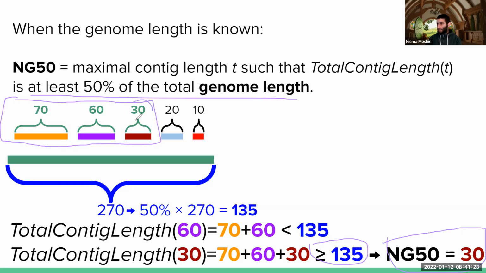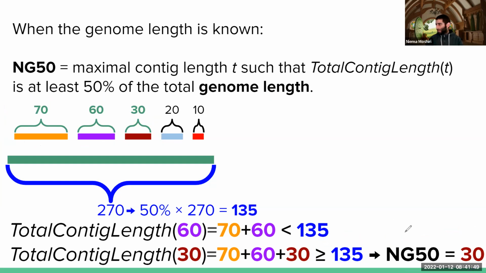It's the length of this contig, because if I take that contig and everything greater than it, I get at least half the genome length. Everyone kind of follows? Just like with N50, I want this number to be big. The bigger this number, the more of the genome I have in single, really long contigs.